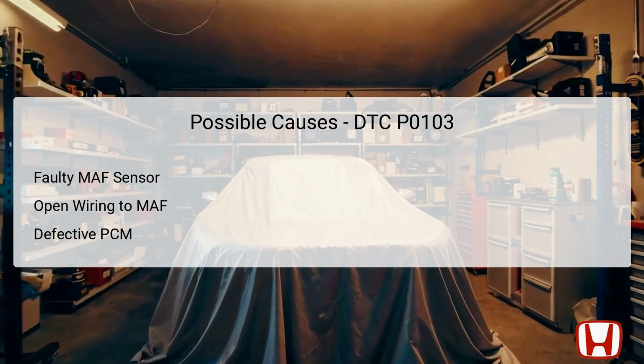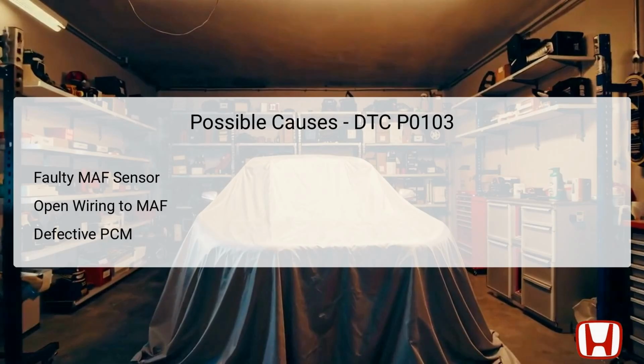A faulty MAF sensor is often a primary reason for the high voltage signal, which can result from internal failures or contamination. Open wiring between the MAF sensor and the powertrain control module, PCM, can also lead to this error. Poor connections, loose terminals, or damaged wires in the circuit can create intermittent or faulty signals.